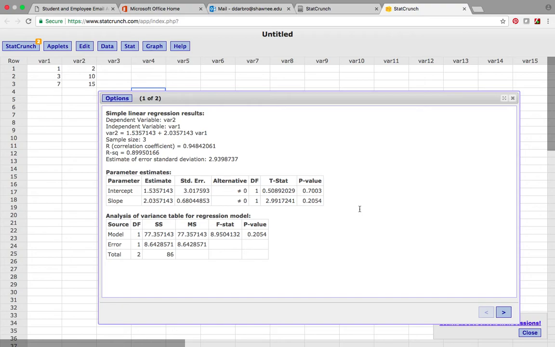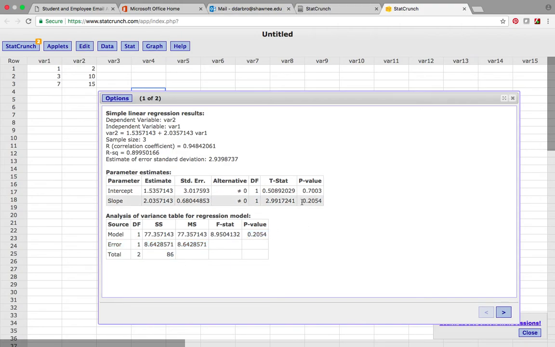So guys, you have 3 ways to evaluate whether a statistically significant relationship exists between X and Y. And what are they? The ANOVA, which gave you a p-value of 0.205.